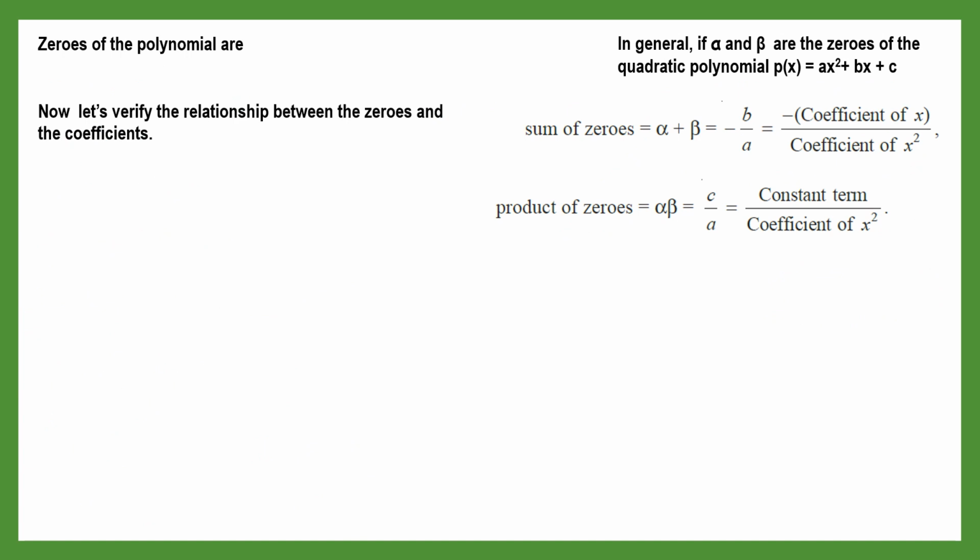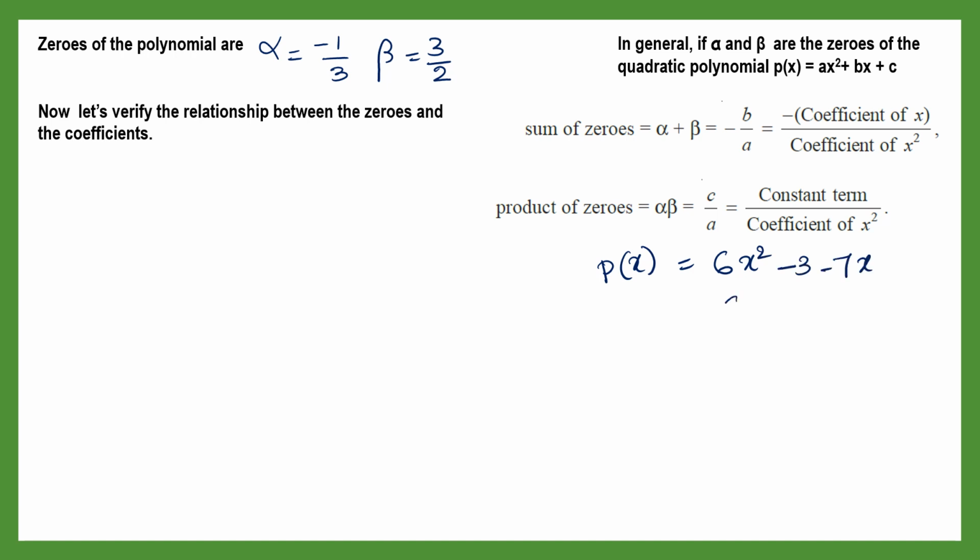Now, the zeros of the polynomial: alpha is equal to minus 1 by 3, beta is equal to 3 by 2. The polynomial given is p of x is equal to 6x square minus 3 minus 7x.